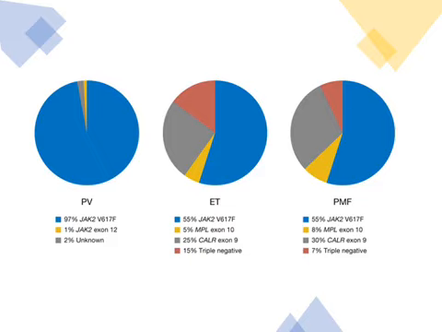A minority of patients show a variant JAK2 mutation in exon 12 rather than the V617F mutation. In those patients with ET or PMF who do not demonstrate a JAK2 mutation, a mutation in CALR is observed in most cases.